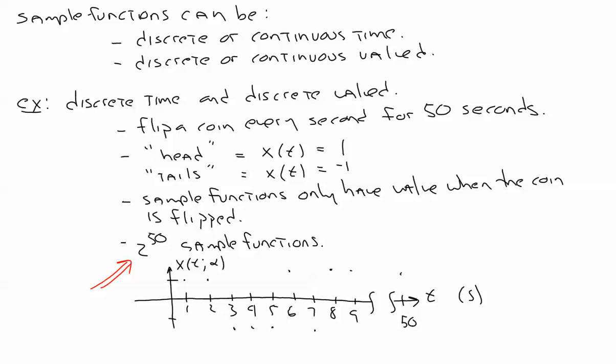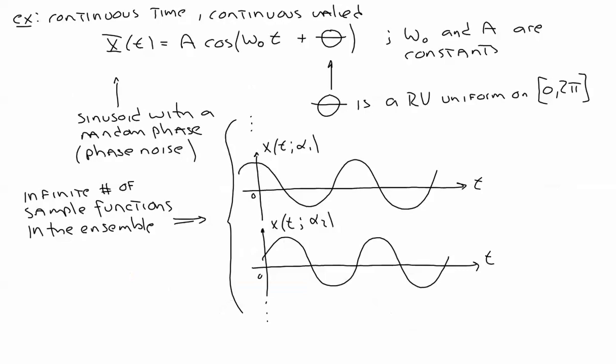I had a finite number of sample functions, and I had discrete value and discrete time. For this particular random process, I have an infinite number of sample functions, and my sample functions are both continuous in time and continuously valued.